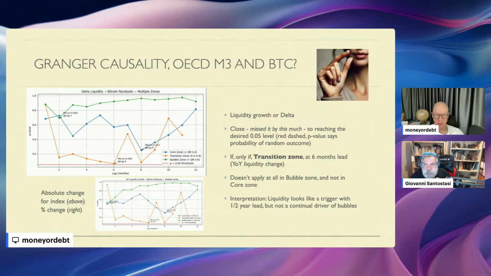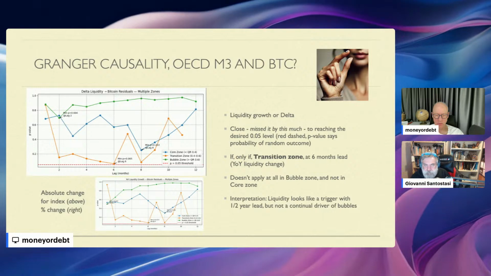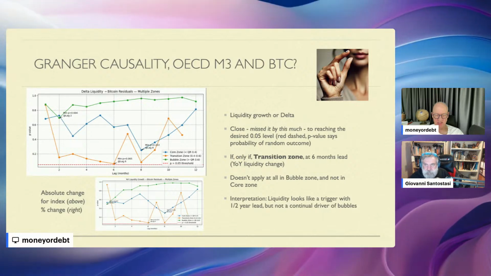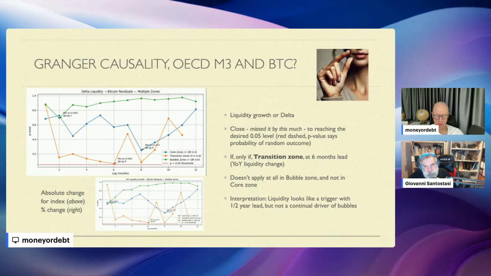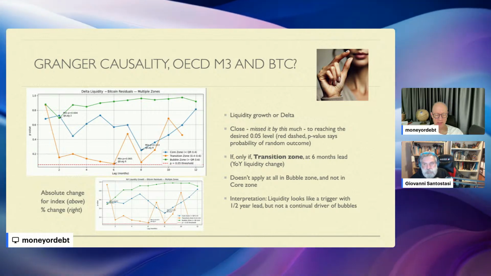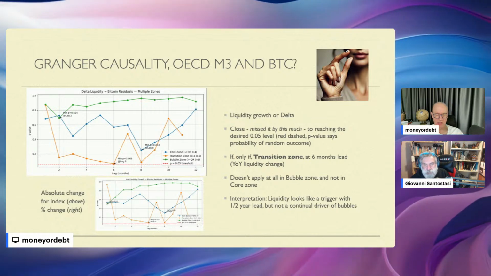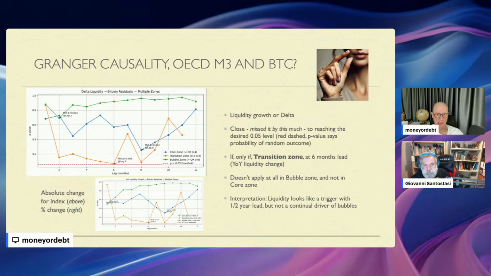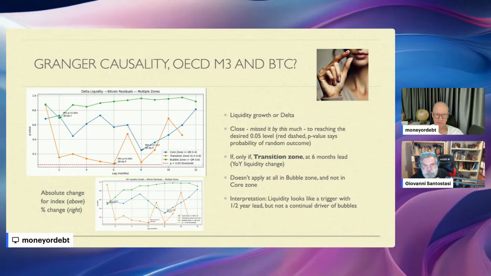Now, for this one, we know that Bitcoin is a different kind of asset than gold. It grows as a power law relative to gold, relative to fiat. And we're interested in how it behaves in the bubble zone and how it behaves in the core zone. And then we have this transition zone.